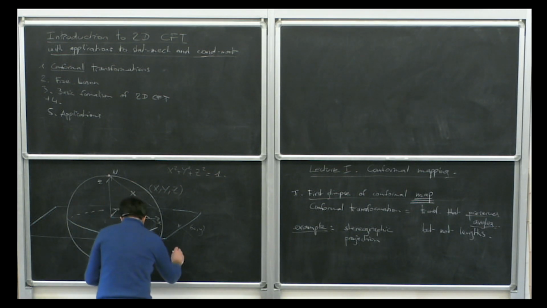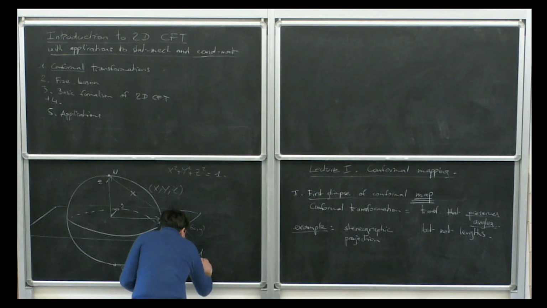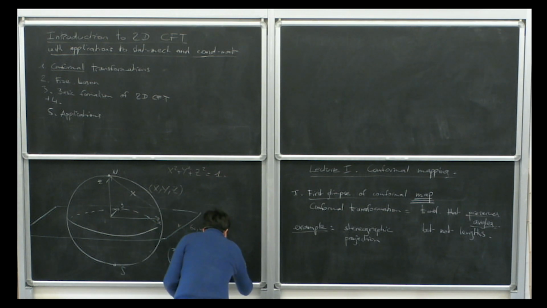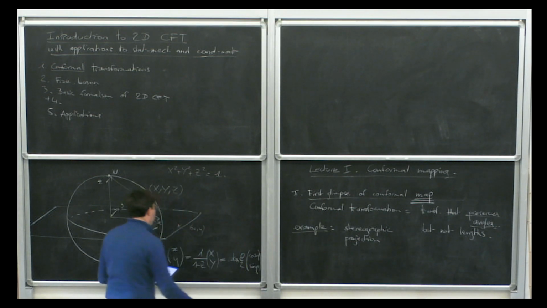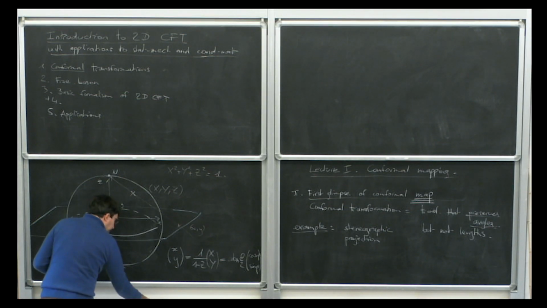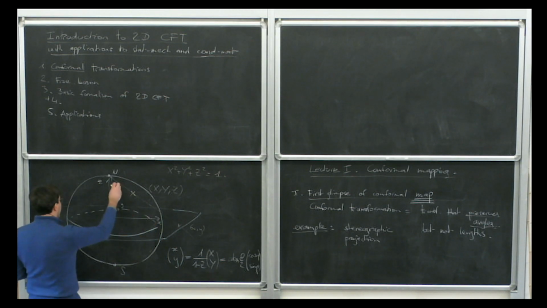Now you can easily check that (x, y) can be expressed as 1 over (1 minus Z) times (capital X, capital Y), and that's cotangent of theta over 2 times (cosine phi, sine phi), where theta and phi are the spherical coordinates.